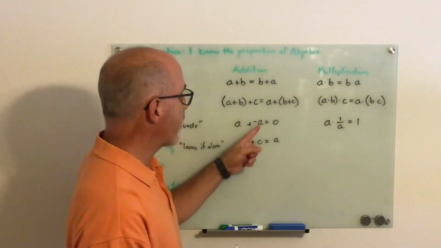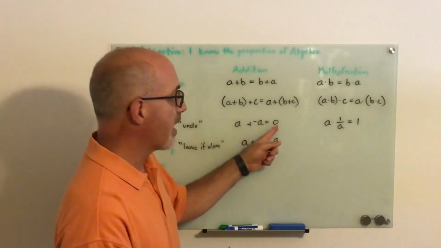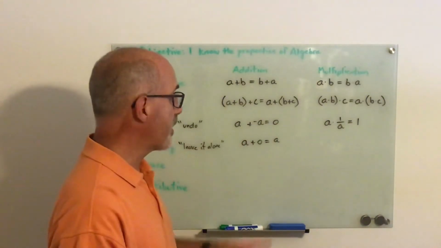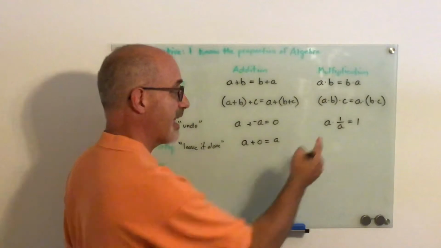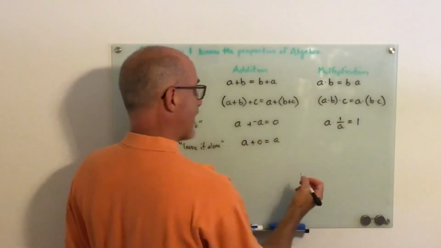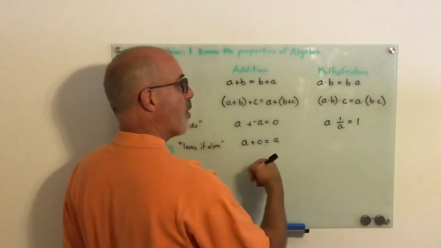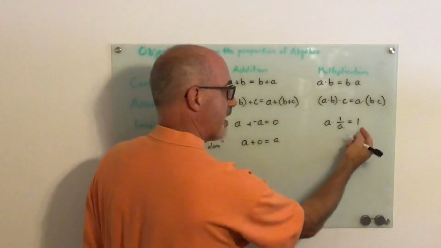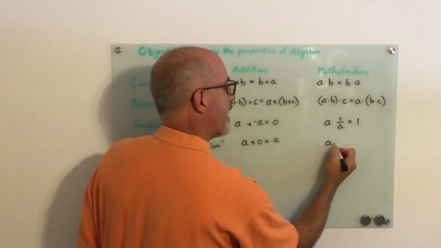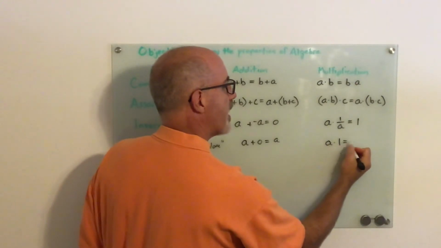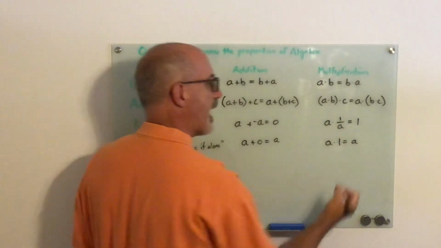Notice it's just a different version of using this number up here. Well, over here, we use that same idea. The additive identity is 0, the multiplicative identity is 1. So if I multiply by 1, I end up with just a as a result.